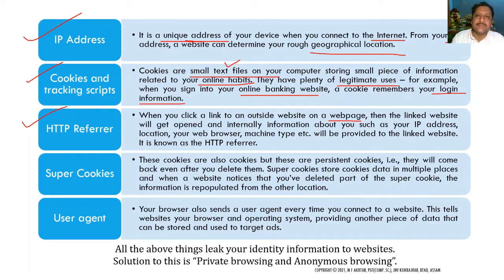The linked website will get opened, and internally information about you, such as your IP address, location, web browser, machine type, etc., will be shared with the linked website, provided from the website you came from. So it is known as the HTTP referrer.